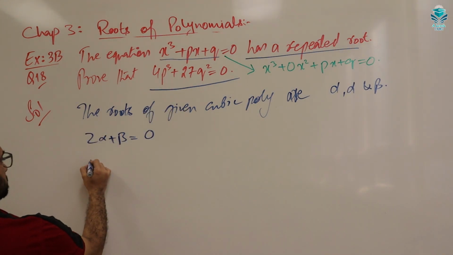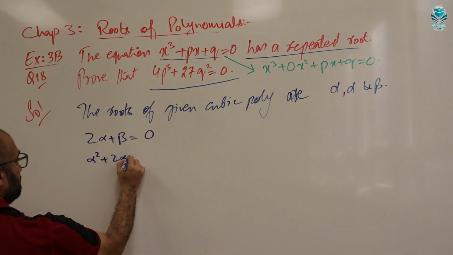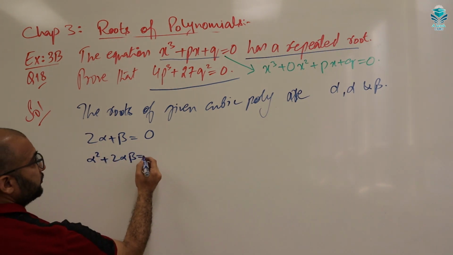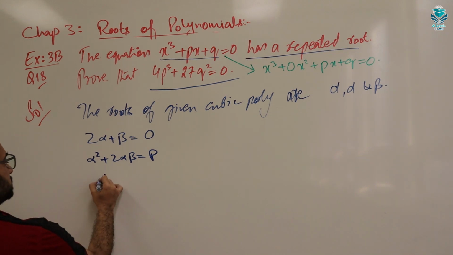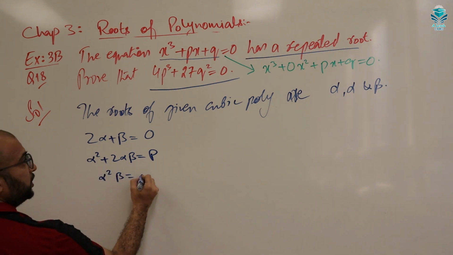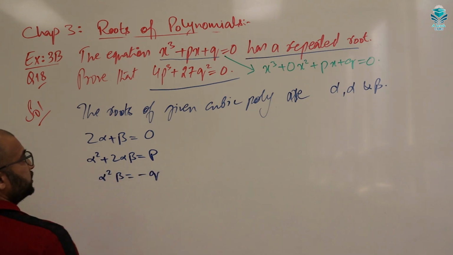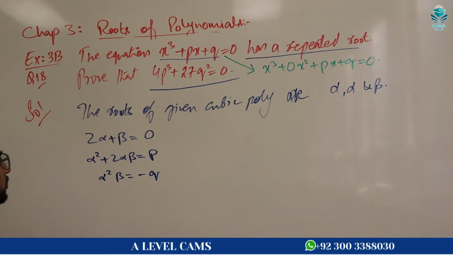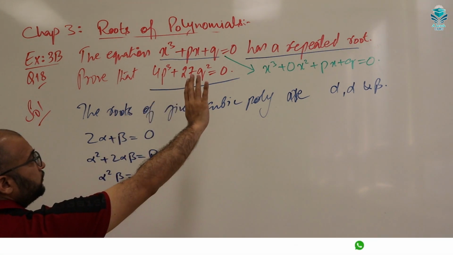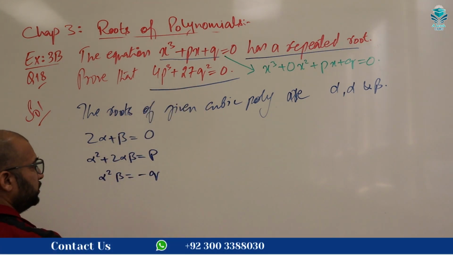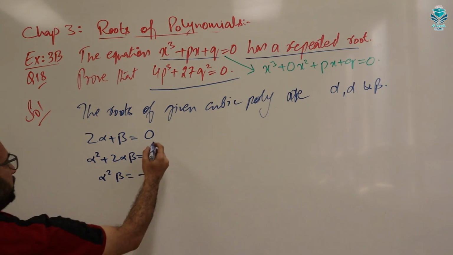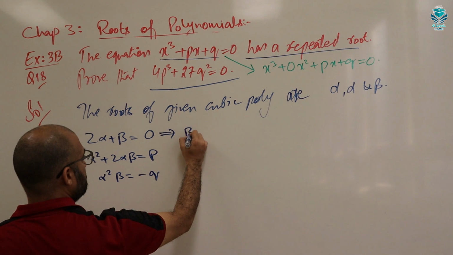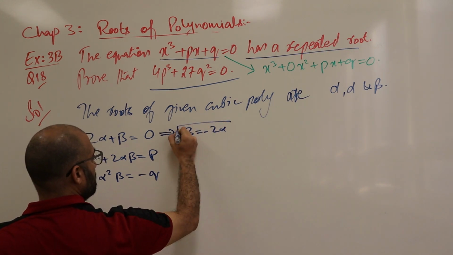The product of two roots, alpha square plus 2 alpha beta, is p, and the product of all the roots, alpha square beta, is minus q. So you can see from here this relation is free of alpha and beta. So it means we have to eliminate alpha and beta. So we can use this equation, beta is minus 2 alpha.